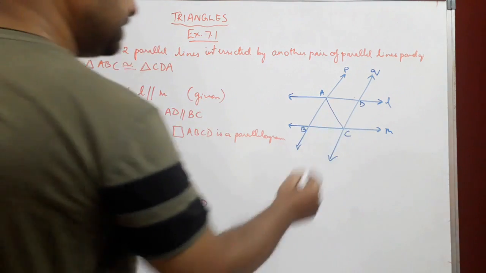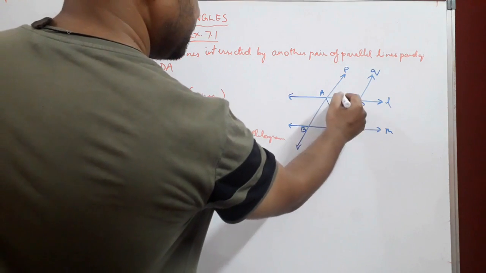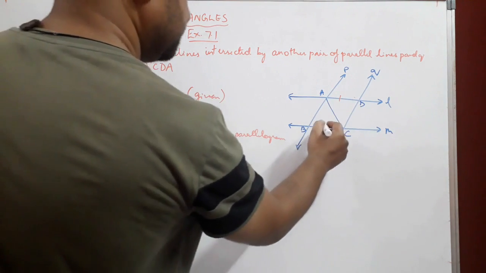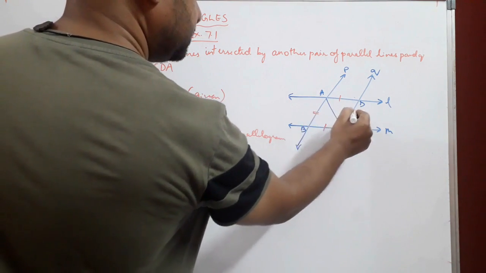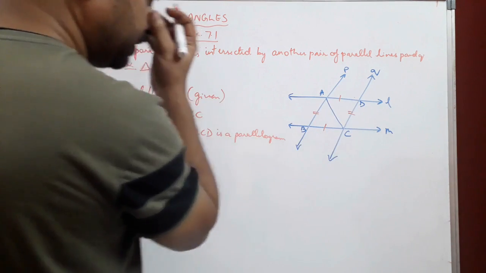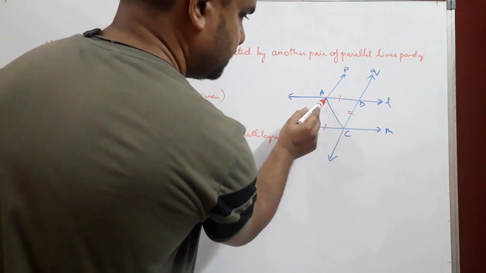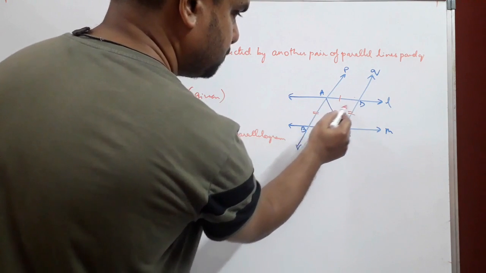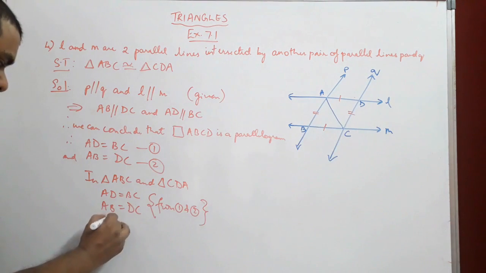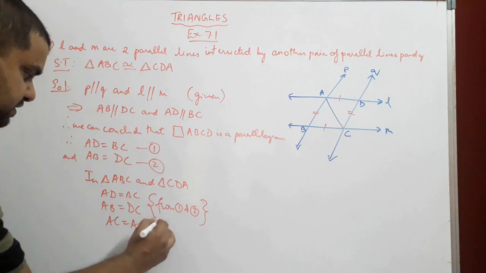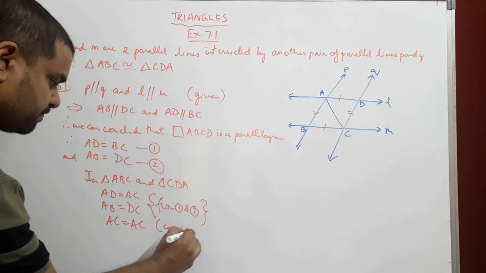And if we have a look carefully, the side AC is shared by both of these triangles. So we can say AC is equal to AC, and that is a common side.